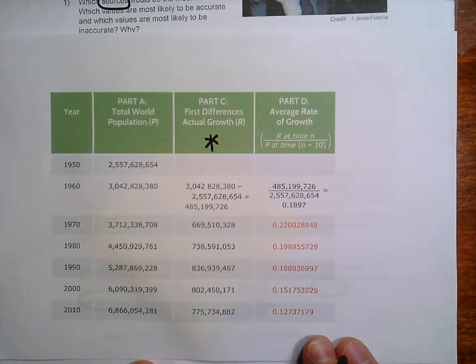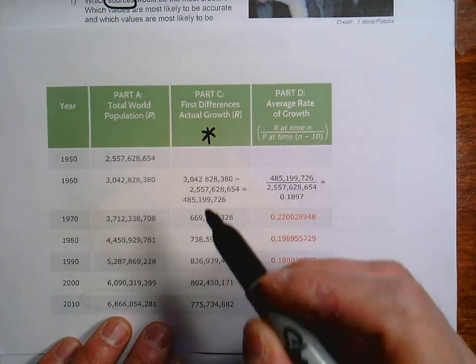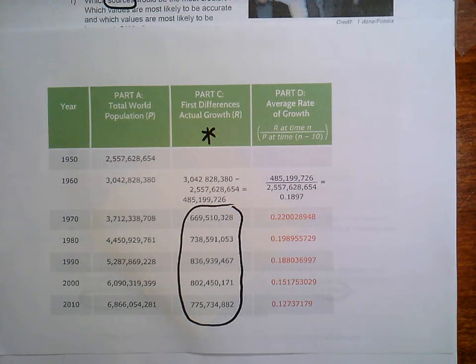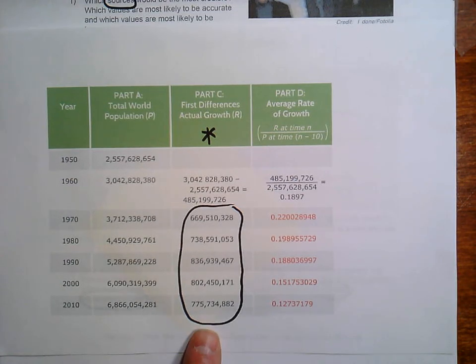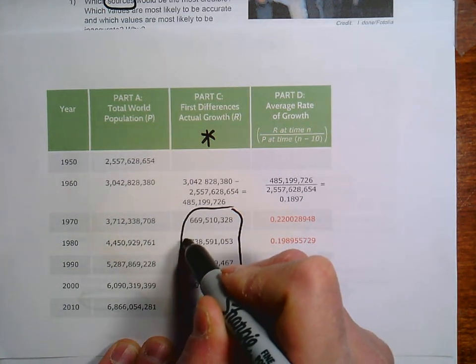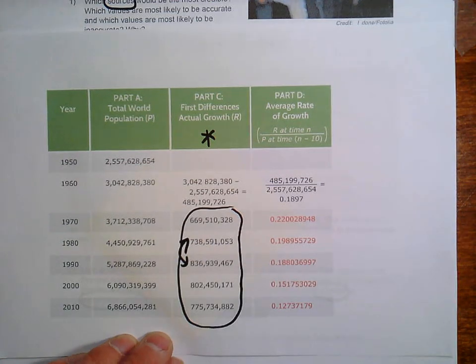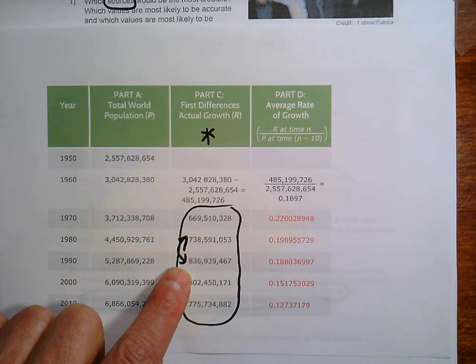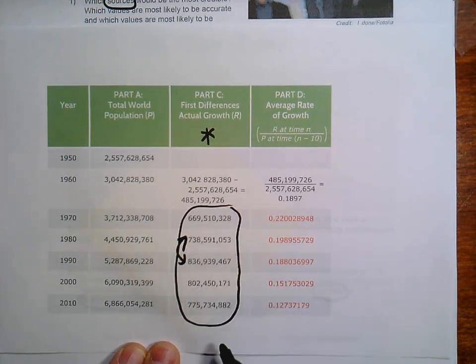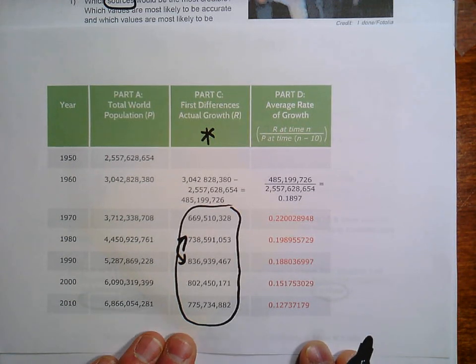If this model were linear growth, then what we would expect to see in this column is all the exact same numbers. This would be related to what we call the slope of the line. But you can see there is definitely some significant variation here. In fact, these two numbers vary by practically 100 million. There's a huge variation here. Because these numbers are not constant, this is definitely not linear growth.